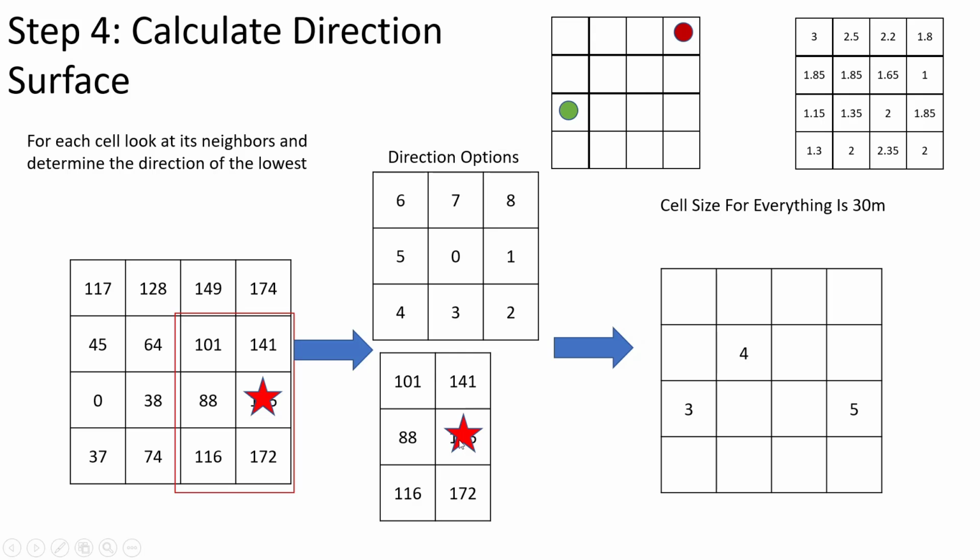To get to 88, we have to go to the left. Our options are to go from here to the left, a value of 5. So our pixel, the one we started in, is going to get a value of 5 because 5 says, hey, if you start here, go to the left. Okay?